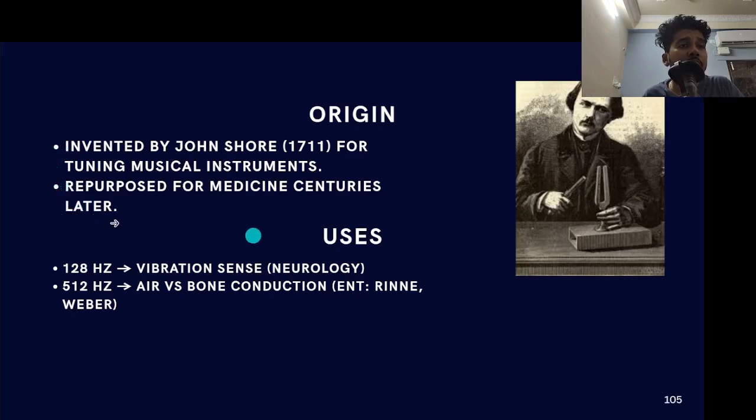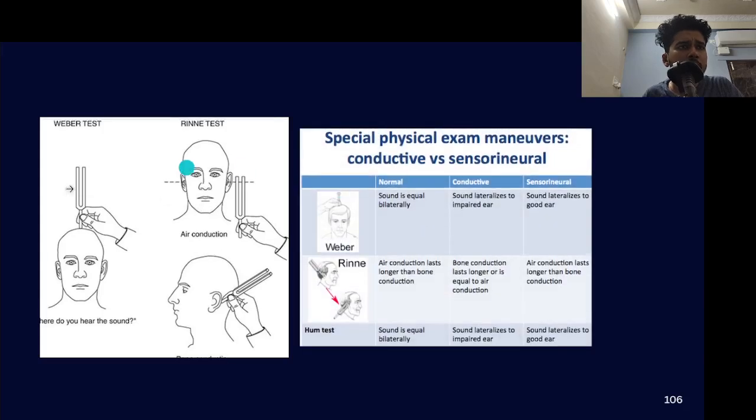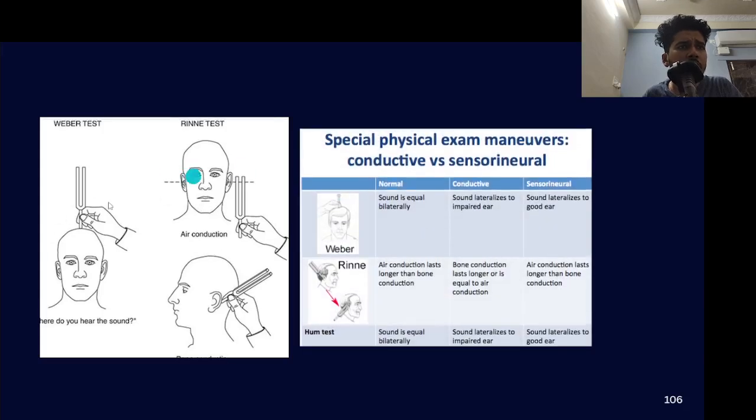The uses that we have are at 128 hertz, we can use it to check for vibration sense, and at 512 hertz to check for air versus bone conduction in ENT with Rinne's test and Weber's test, which are demonstrated over here. In Rinne's test, you place it like this. In Weber's test, you place it over the head. I would love to get into the detail, but let's just move on.